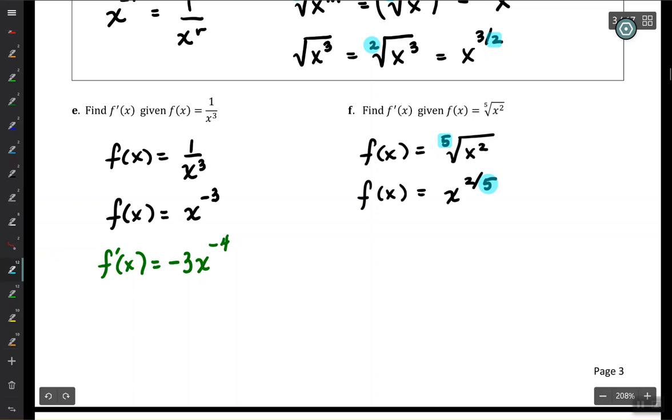The denominator is the root that I'm taking. And now I'm going to do f prime of x using power rule, bringing that power down in front. 2/5 x to the 2/5 minus 1 power, and maybe I don't want to do this in my head. 1 is 5/5.